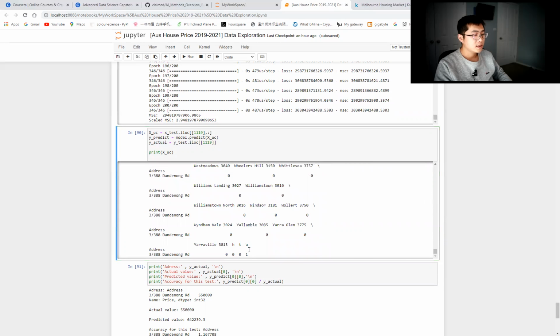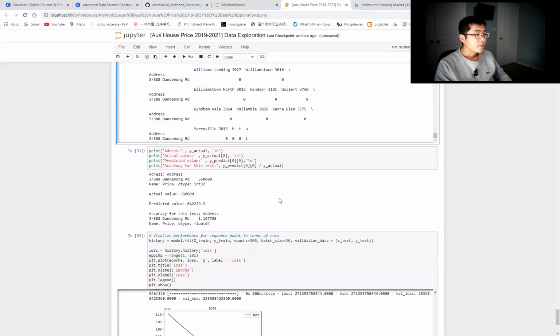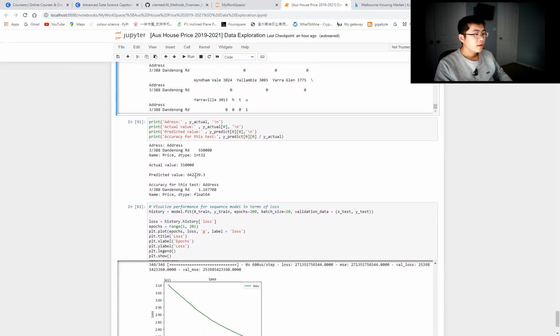Yeah, it's a unit. All right, it's a unit, and the actual price is 550,000, and the predicted price is 640,000. Well, there's like a 16% greater in the prediction value than the actual price.